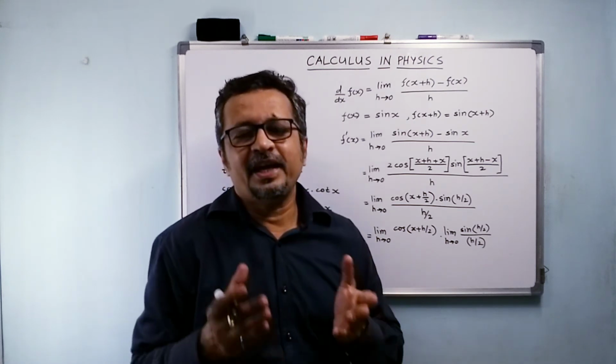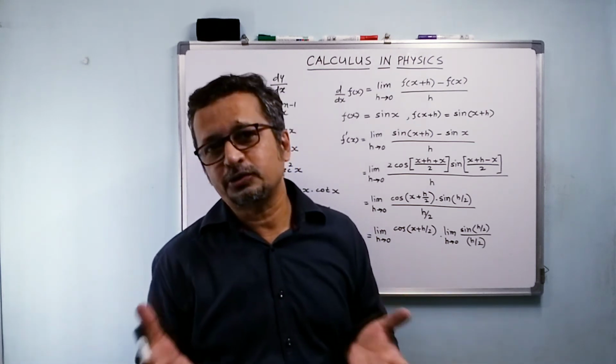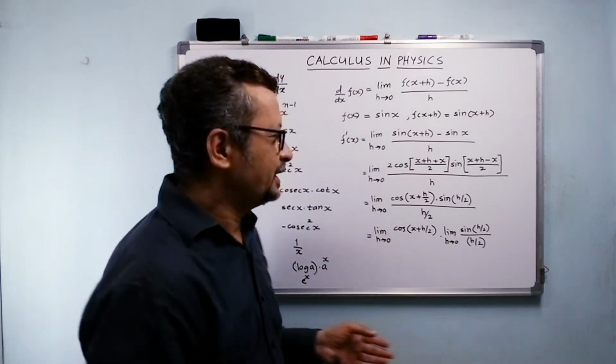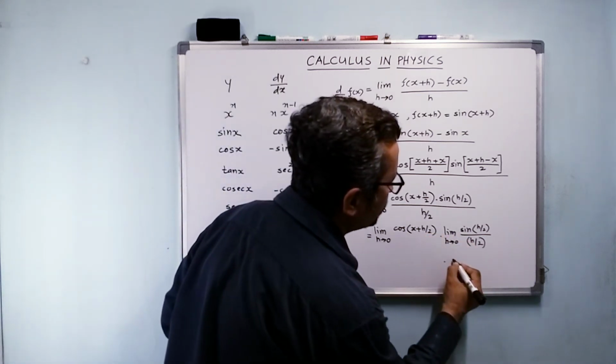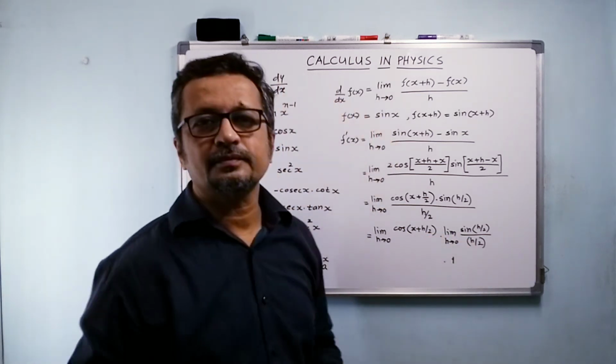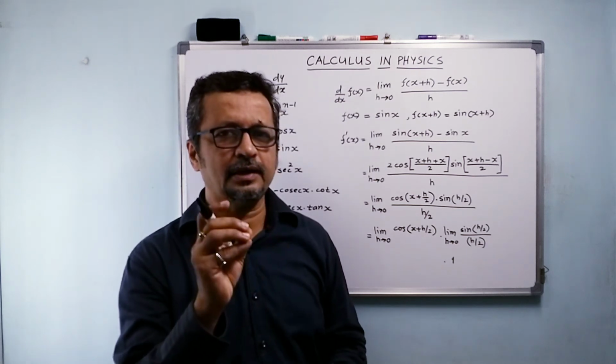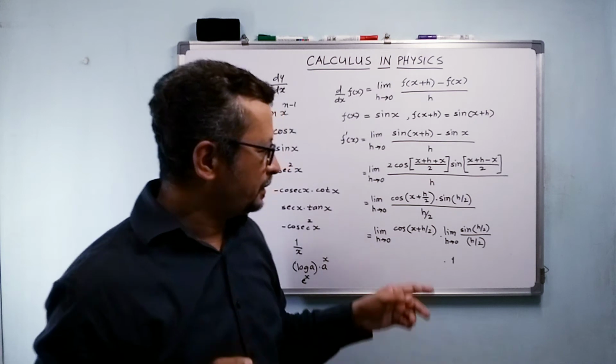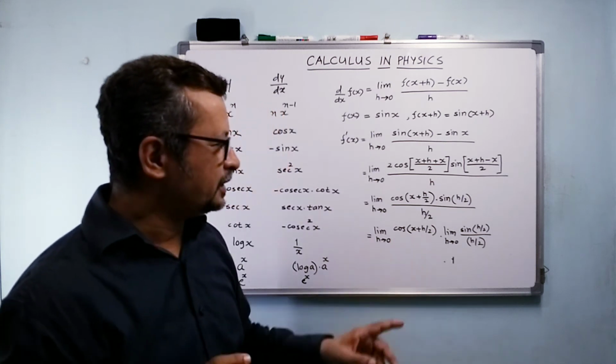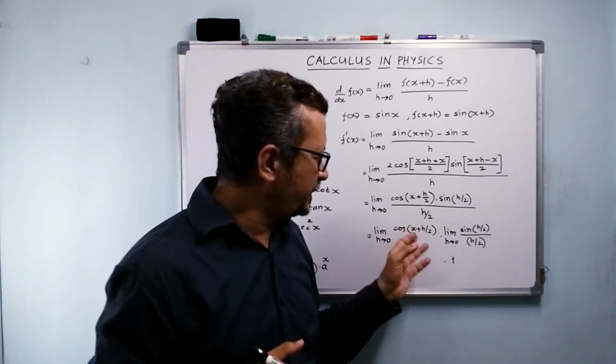See, as my h tends to 0, h by 2 also tends to 0, correct? This quantity, its value is equal to 1. I'll explain it in less than half a minute. But before that, what is cos of x plus h by 2?